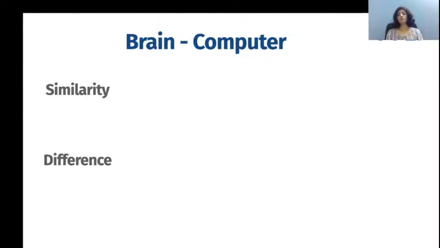The moment you think of the brain and the computer, what is the most common similarity we all think? More often than not, people say they are capable of complex calculations, they can both do math. You might also want to think of the similarity that they both can remember things. These are the most obvious similarities.